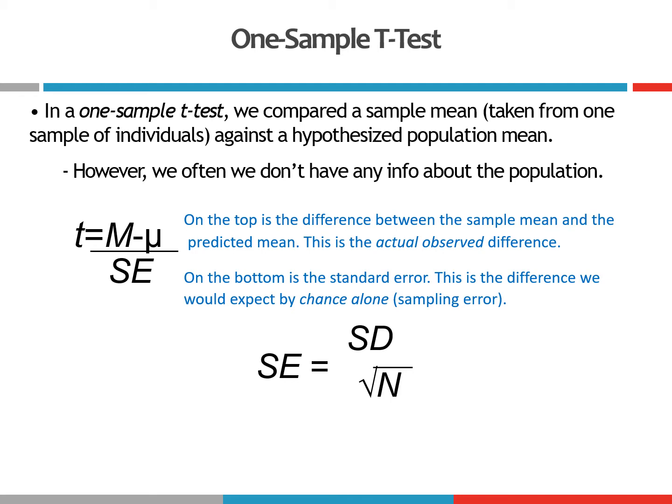So I think the example I gave you was if you were looking at IQ, right? So suppose you found out through a national survey that most college students have an average IQ of 115, right? Which is above the mean. And you wanted to see whether Mercer students have an IQ that is higher than the national average, right?